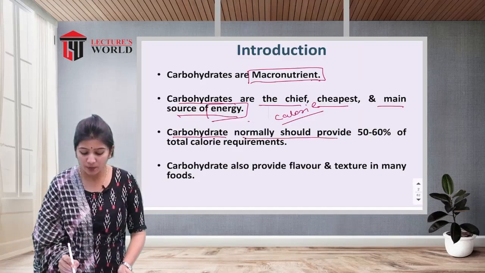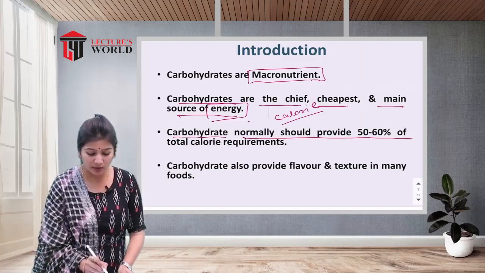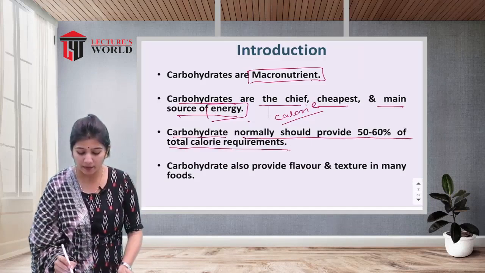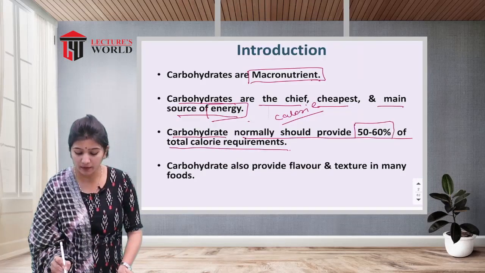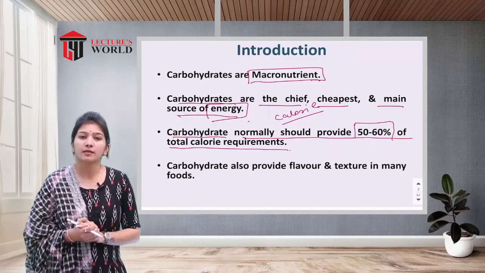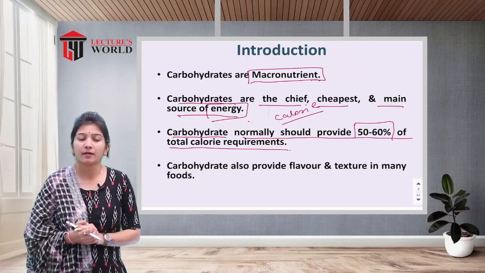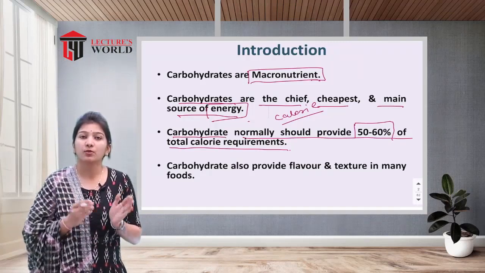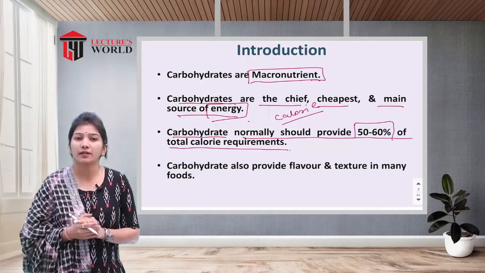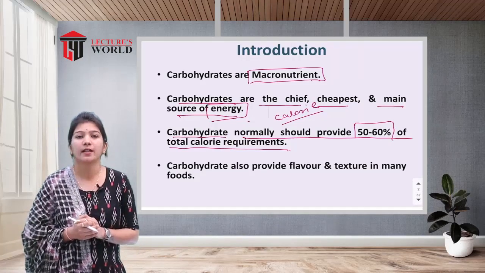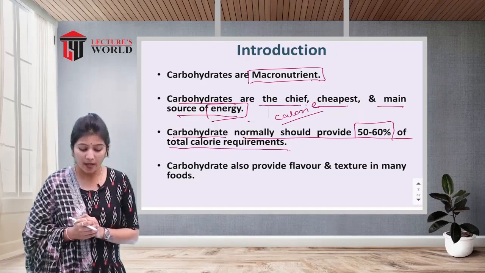Carbohydrate should normally provide 50 to 60% of the total calorie requirement. You can see over here, from the 100% calorie requirement, 50 to 60% of the energy, or calories, that we get should come from the carbohydrate. Clear?